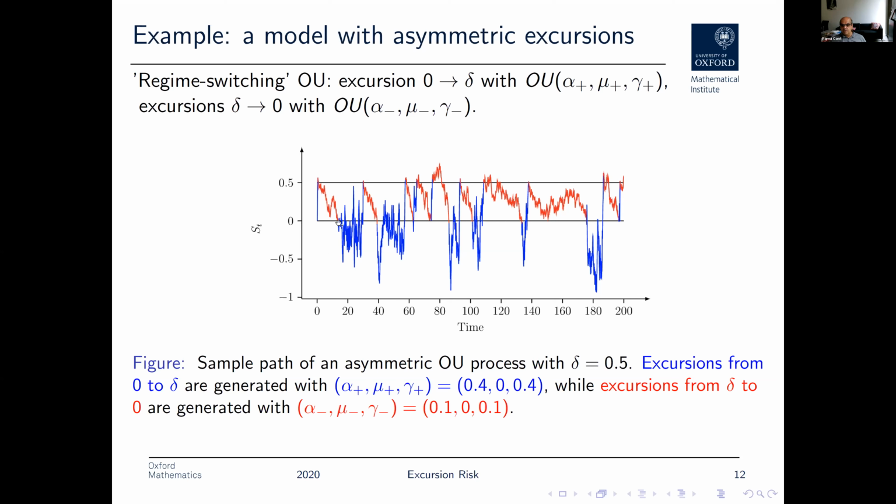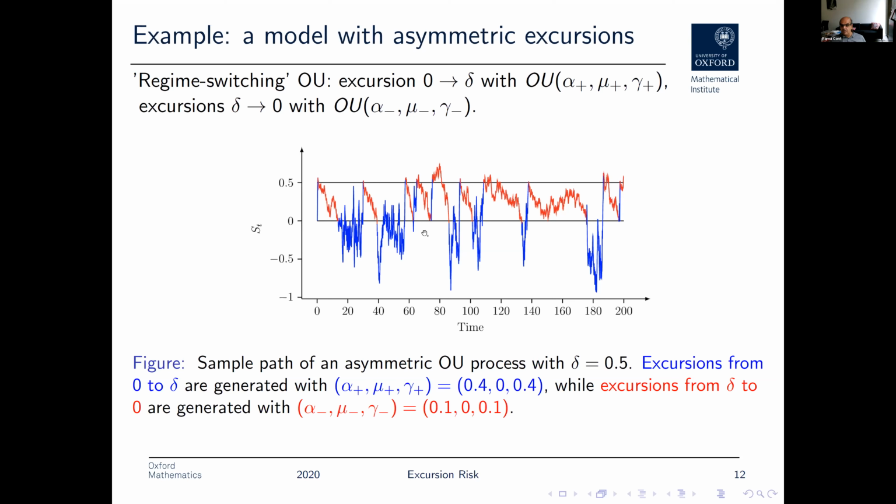The blue parts are the plus phase. They always start at the hitting time of 0. So here's one example. I start at hitting time of 0. I evolve according to the blue dynamics until I reach delta. In this case, delta is equal to 0.5. And then I switch to the red dynamics. Now the red part is simulated according to the OU with alpha minus, mu minus, gamma minus. Then this continues until I reach 0 again.